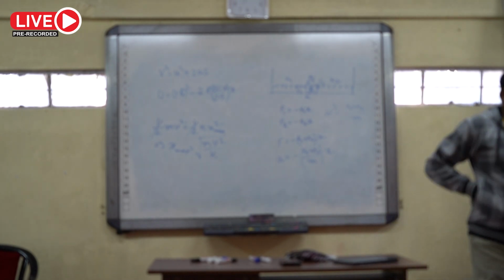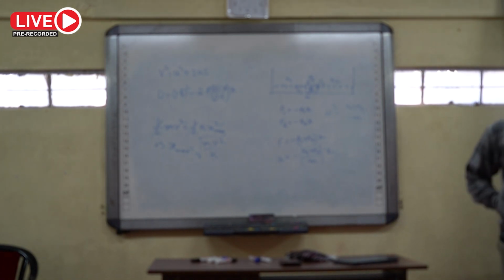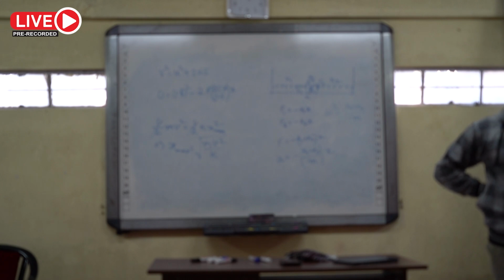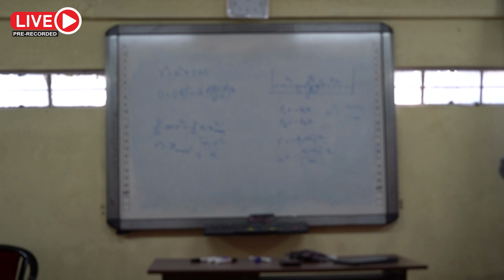Right, now two SHMs are given by x equal to capital A cos omega t, and y equal to capital B sin omega t.